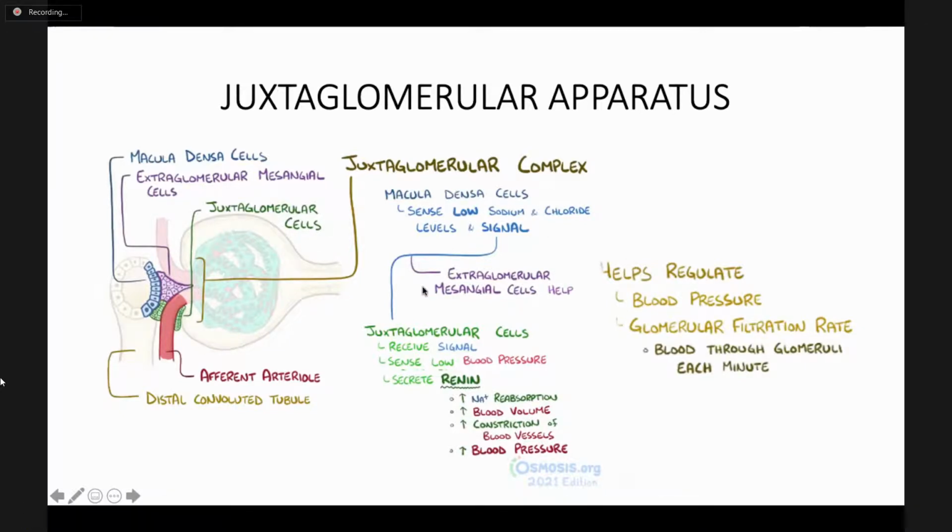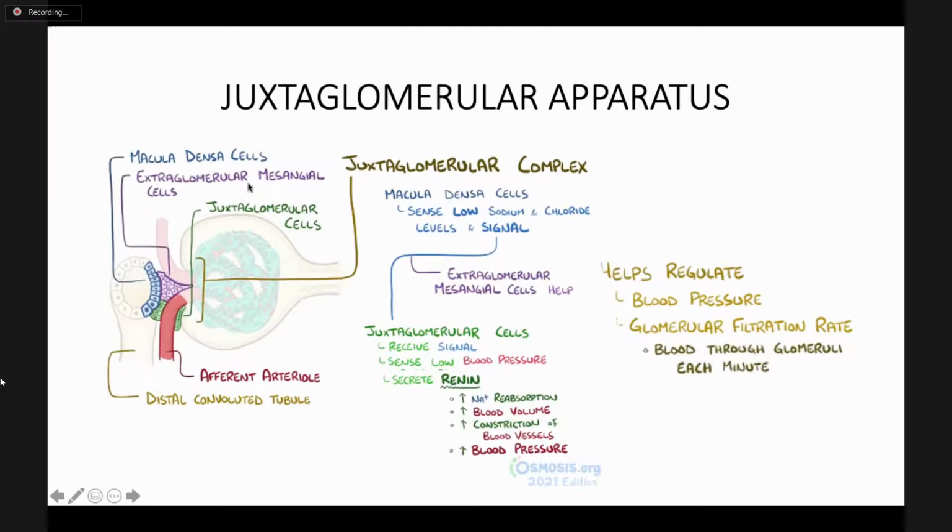Okay, the juxtaglomerular cell receives multiple signals in order to secrete renin. It senses low blood pressure. What stimulates renin release is actually renal artery hypotension, or low blood pressure. This will stimulate the release of renin by the juxtaglomerular cell.